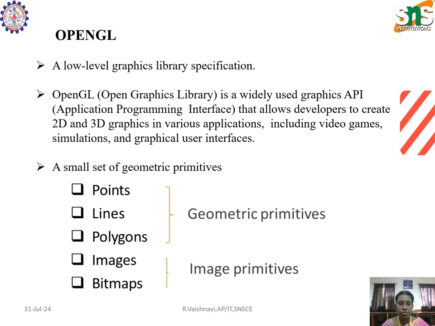The small set of geometric primitives are points, lines, polygons, images, and bitmaps. Here, points, lines, and polygons come under the geometric primitives, and images and bitmaps come under the image primitives.